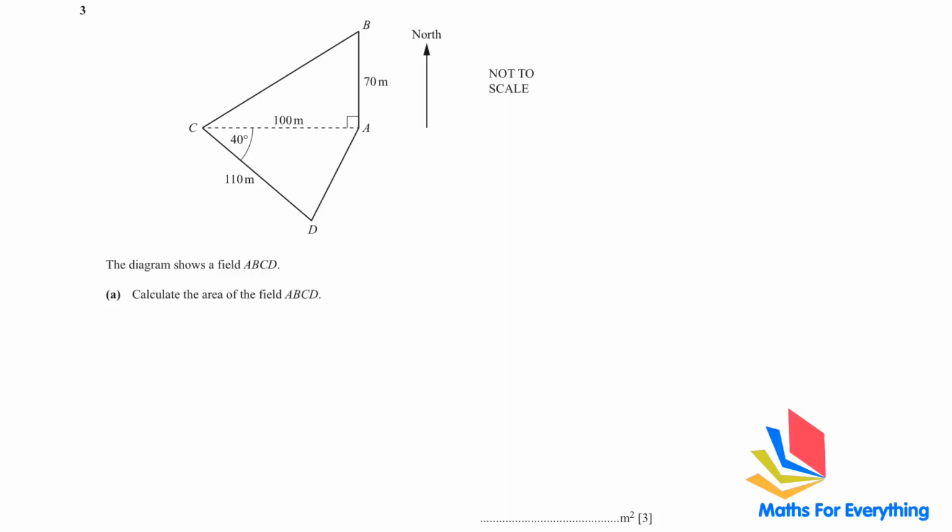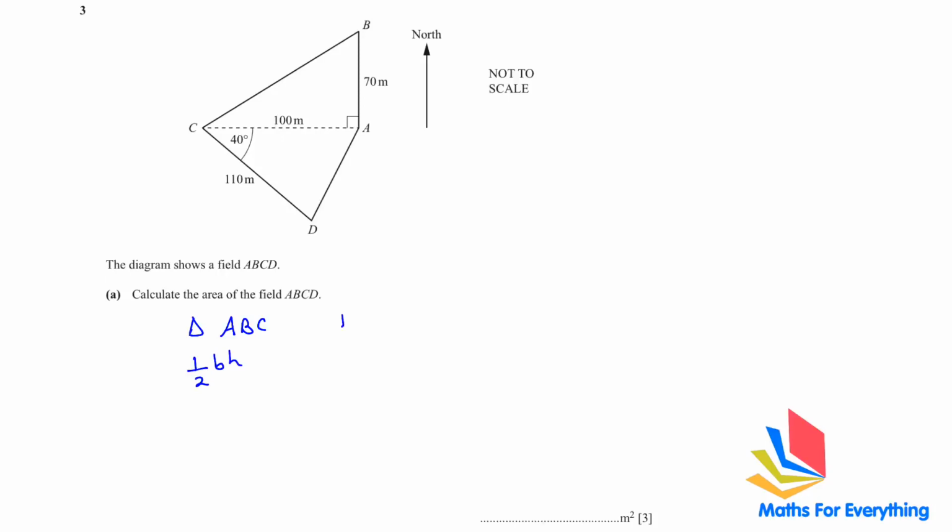Question number 3. We have been given a diagram of a field ABCD, and we have to calculate the area of the field ABCD. It has been divided into two triangles, triangle 1 and triangle 2. Triangle 1, ABC, is a right angle triangle. So to find the area of triangle ABC, we are going to use the formula half times base times height.